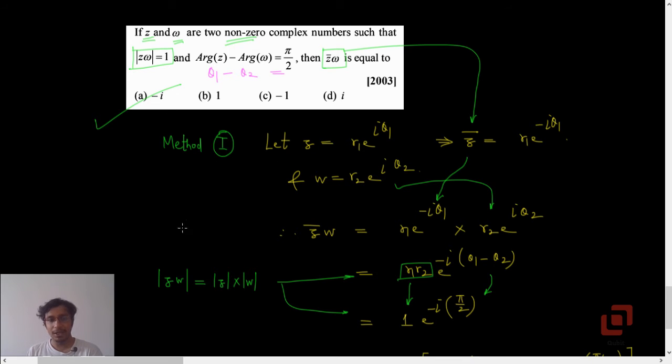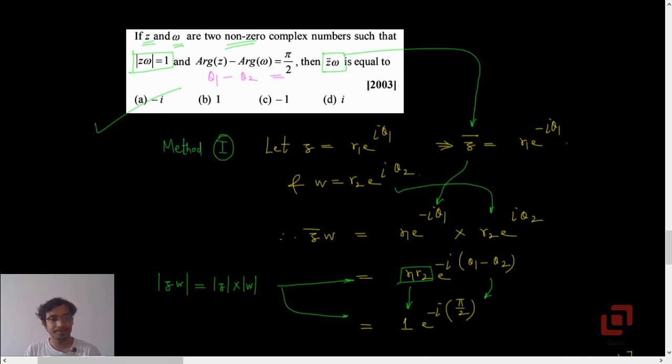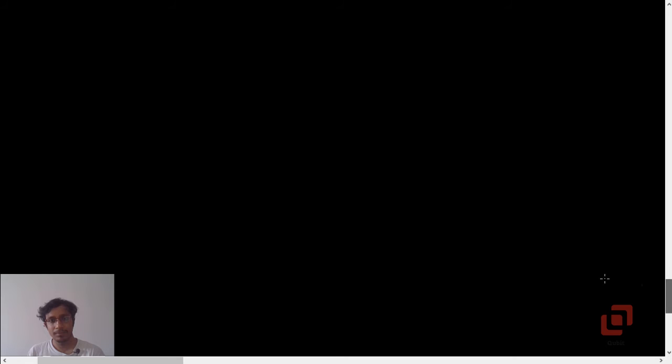Now I will tell you a shortcut to solve this problem. Method 2. What we will do is we will pick two complex numbers Z and W so that they satisfy mod of ZW equal to 1 and argument of Z minus argument of W equal to pi by 2.